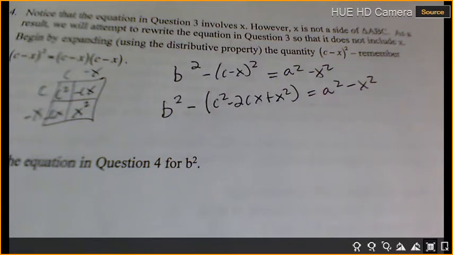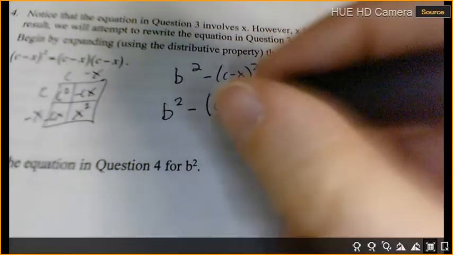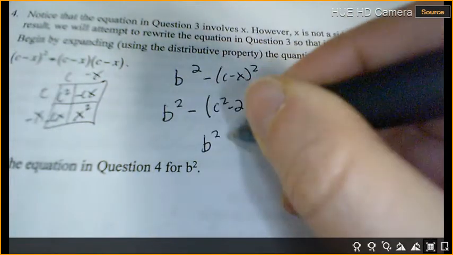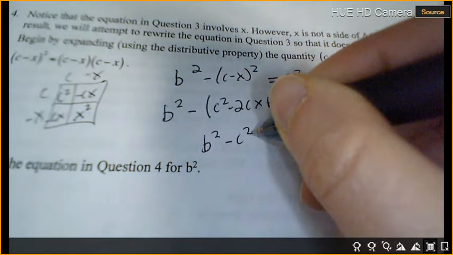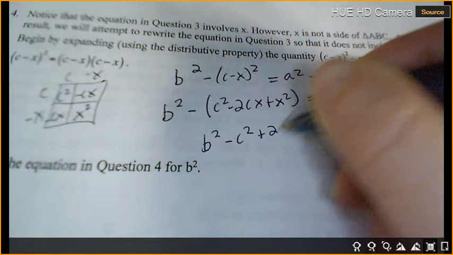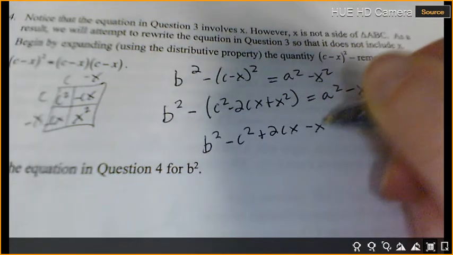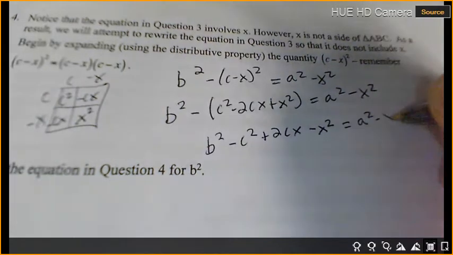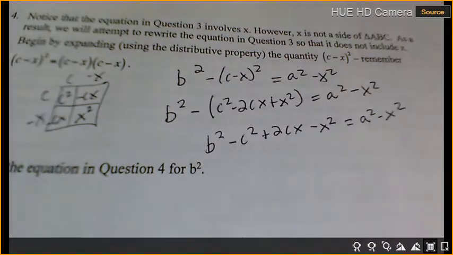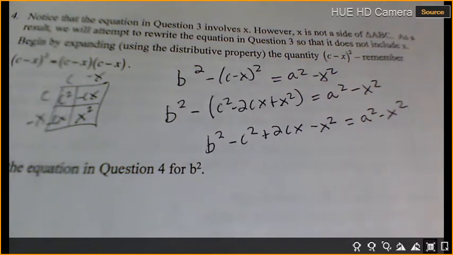So I'm going to have b squared minus c squared plus 2cx minus x squared equals a squared minus x squared. Okay, remember we're trying to get rid of the x squared first.